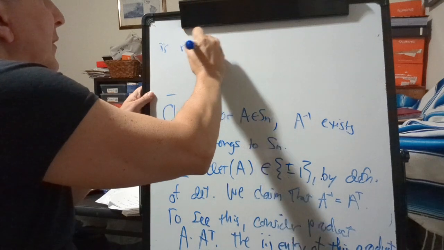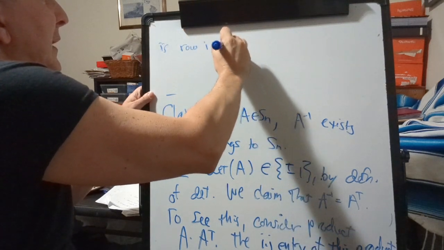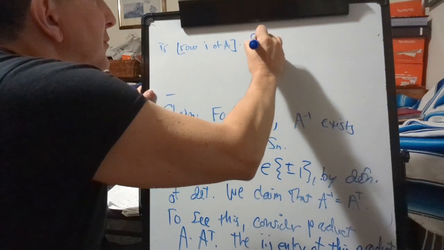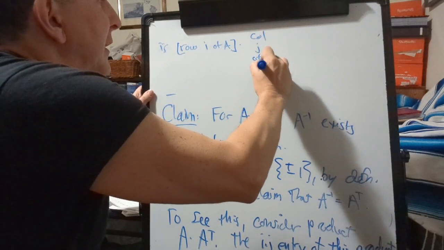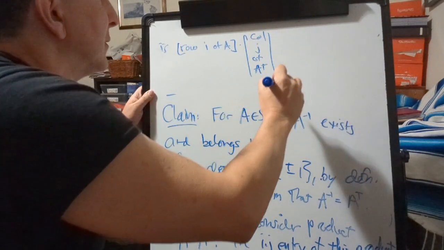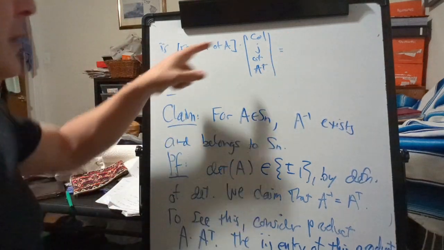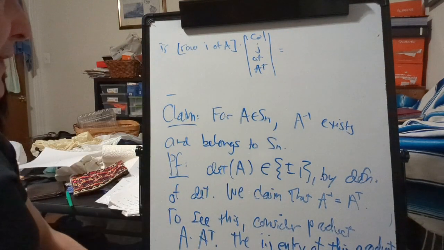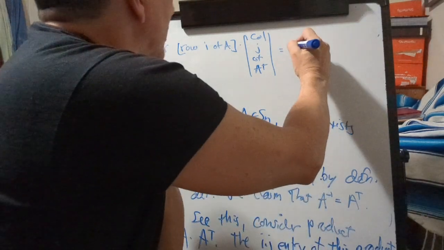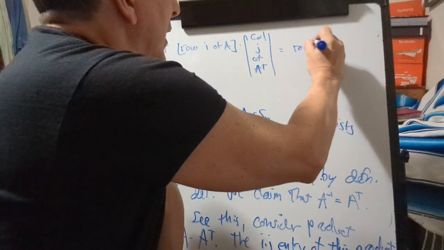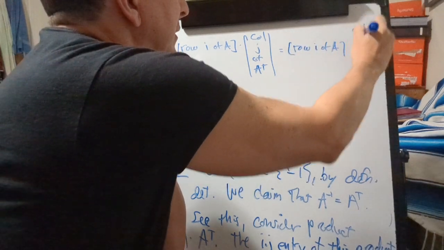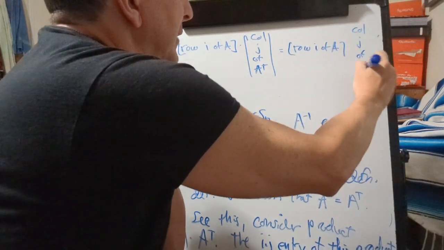So row I of A dotted with column J of A transpose. The column J of A transpose is just row J of A. So it's row I of A dotted with row J of A.